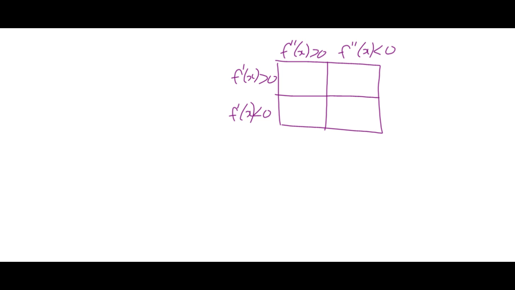Okay, if the first derivative is greater than 0, it's increasing, but if the second derivative is less than 0, then it is increasing and concave down. Okay. If the first derivative is less than 0, then it is decreasing and concave up.